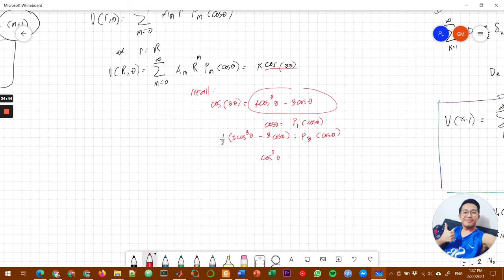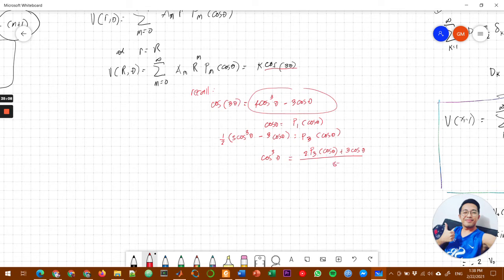Atong i-balance sa picas. So we multiply mo siyang 2P3. Right? 2P3 of cosine theta plus 3 cosine theta over 5.